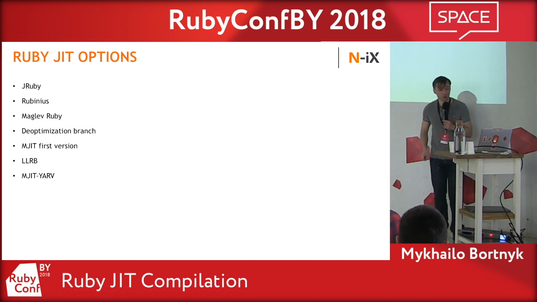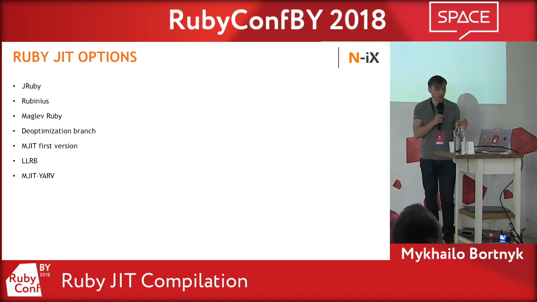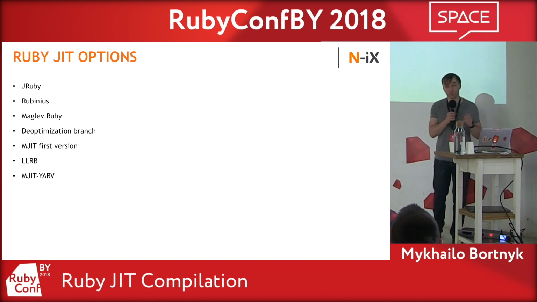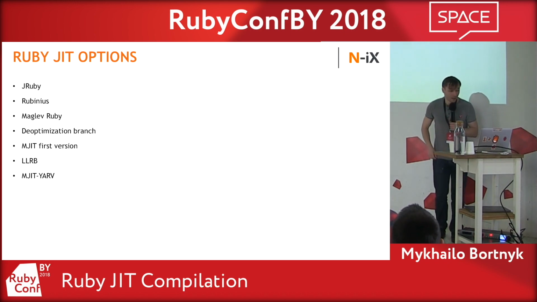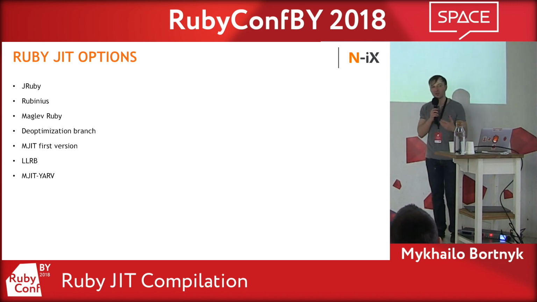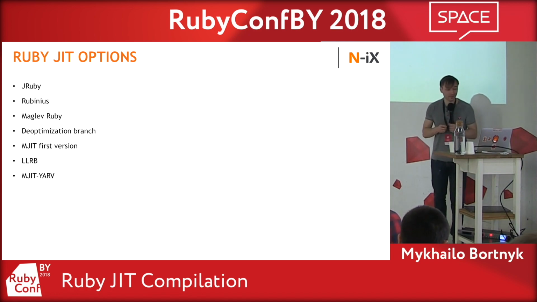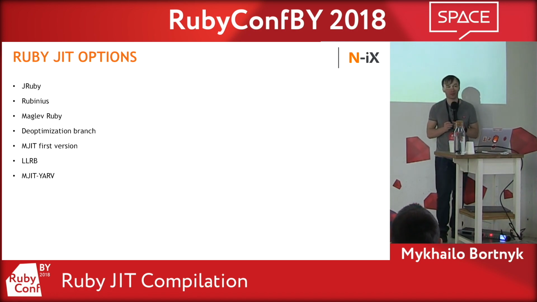The next try was done by Vladimir Makarov, one of the GCC contributors, a Red Hat worker, and author of the Ruby 2.4 hash tables reimplementation, which improved the performance of hash tables by like 30%. He gave a talk about his implementation, held as a RubyKaigi keynote last year, and he did a really big work.